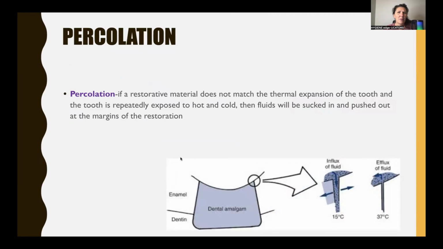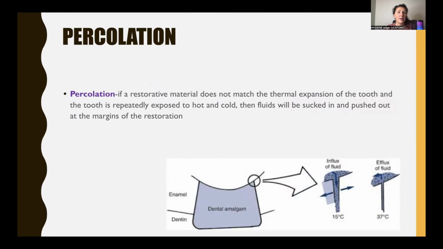So how do we sometimes get this microleakage? Through a process called percolation. Now, if a restorative material does not match the thermal expansion, we talked about that in chapter 2, clear back at the beginning of the semester, we know that teeth and dental materials expand and contract when there is hot or cold in the area.